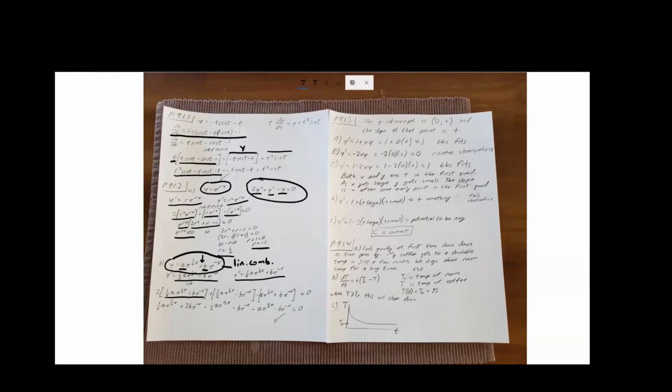That's 2y double prime plus y prime, so there's the y prime, minus y, and that's the function itself. So you see the second derivative here, this is y double prime. First derivative here, that's y prime. Function itself here.